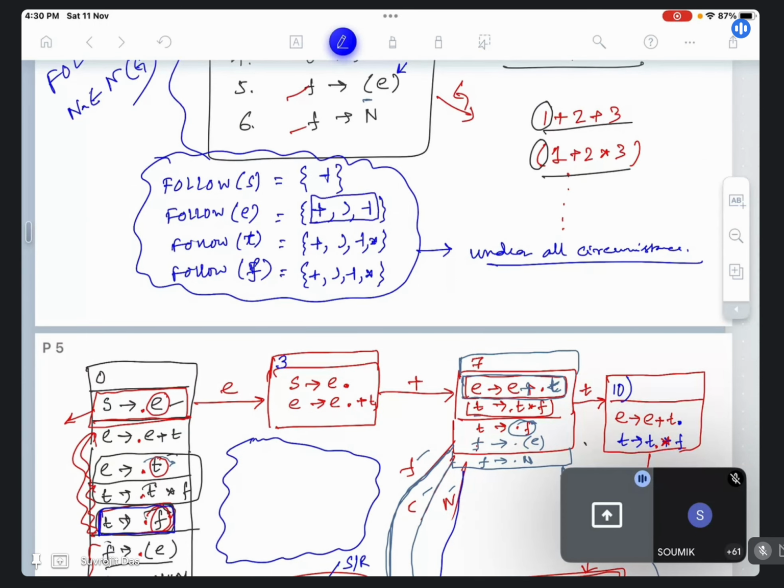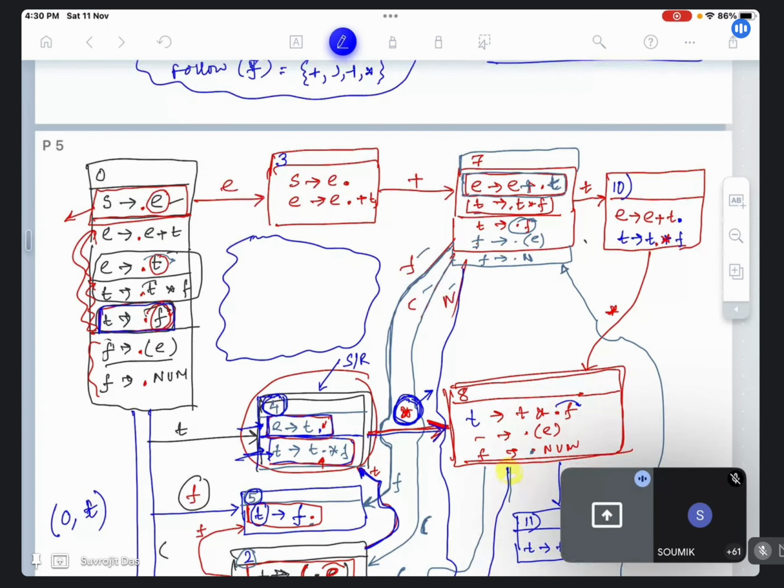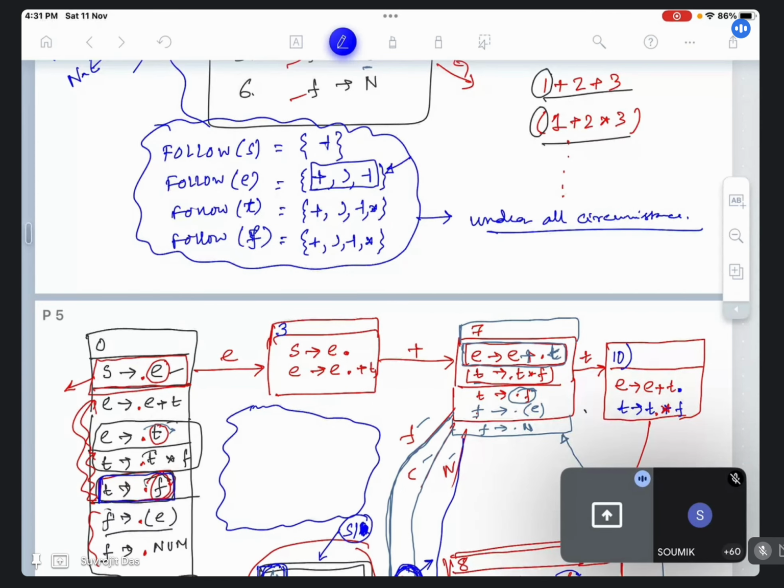In this simple grammar, follow of E doesn't have a star. Since follow of E doesn't have a star, the SR conflict is resolved in favor of shift. I'm not reducing, because there is no confusion on star. I can take a smart decision to shift, because star is not a member of follow of E.